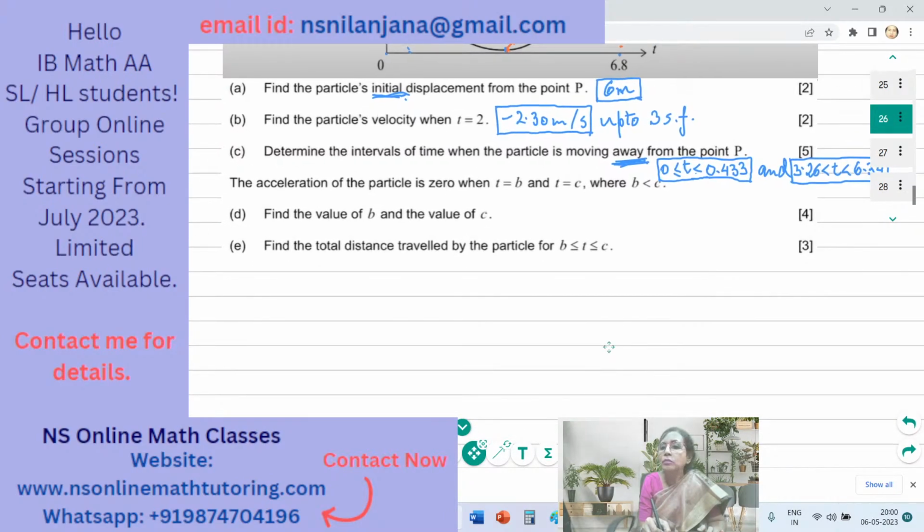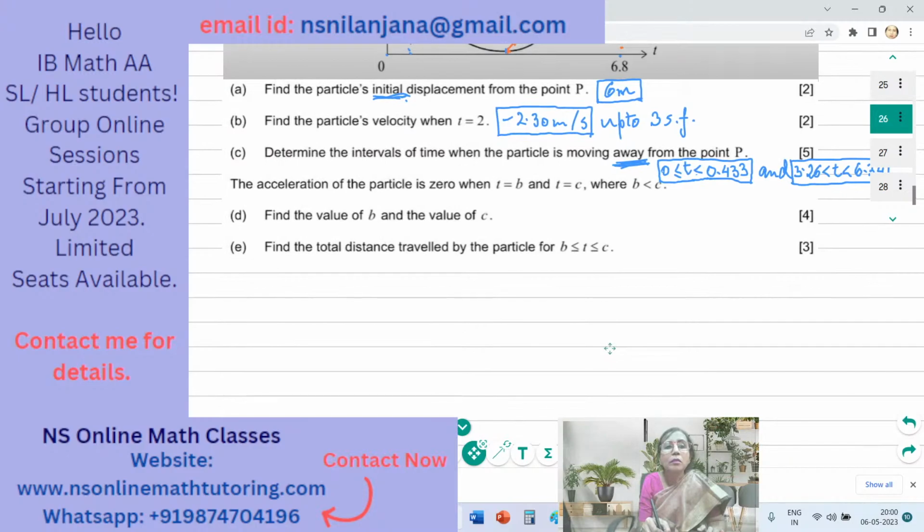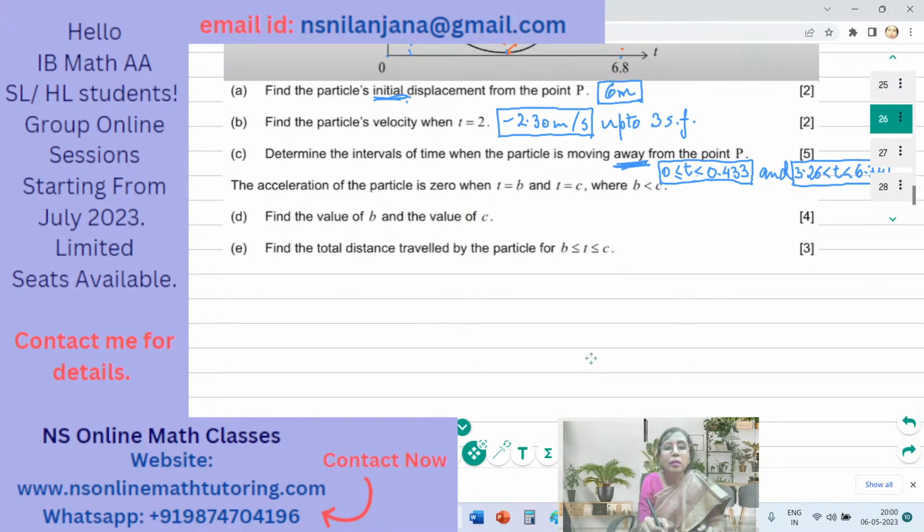Coming to subpart D. The acceleration of the particle is 0 when t equal to b and when t equal to c, where b is less than c. Find the value of b and the value of c.